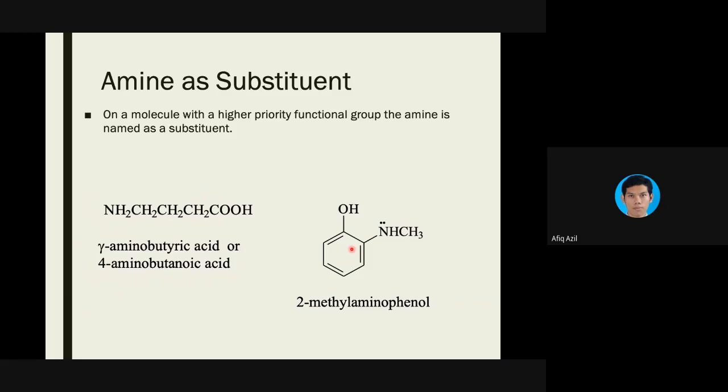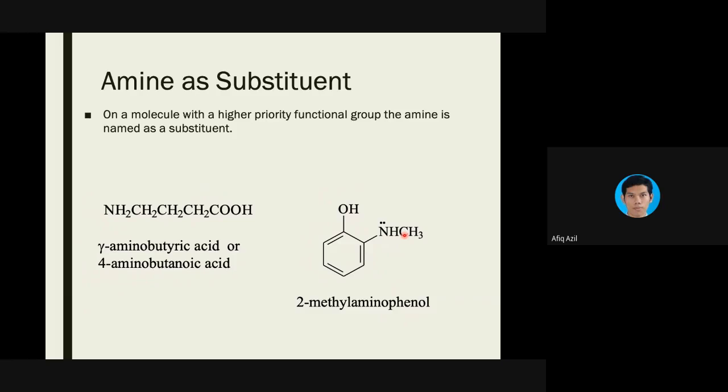Another example here, when you have alcohol: you have a benzene ring attached to OH, so this makes the structure known as phenol. Straight away the structure is known as phenol, but at the same time we also have nitrogen that is bonded to a CH3 and to CH3 over here.